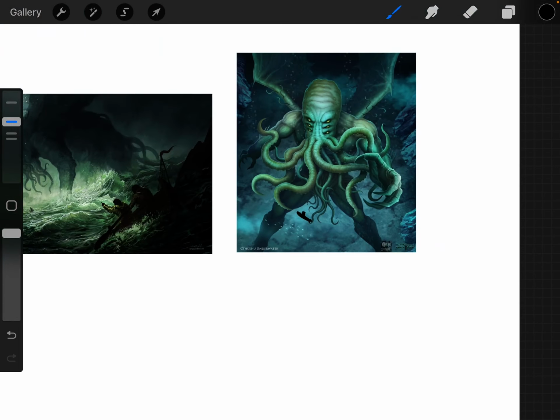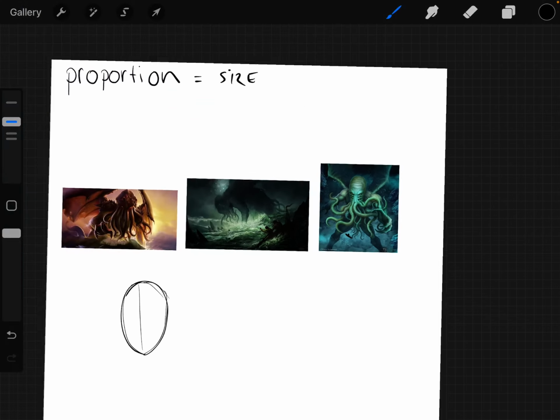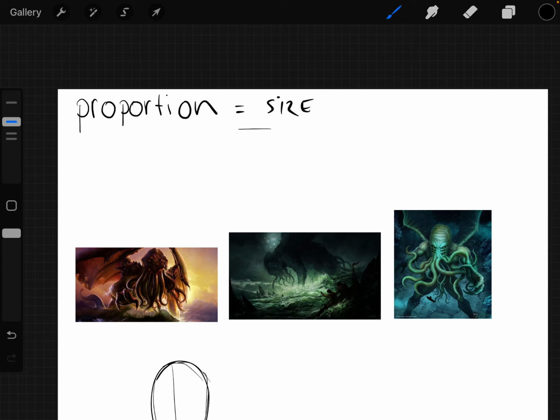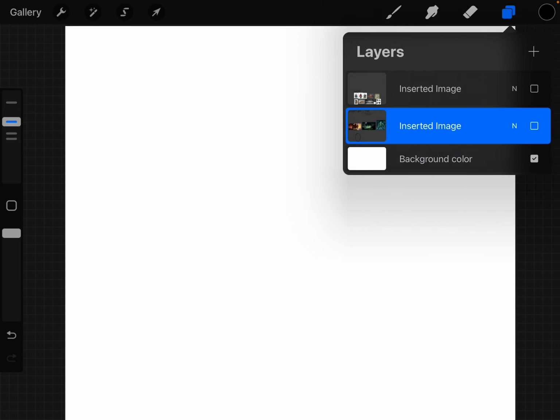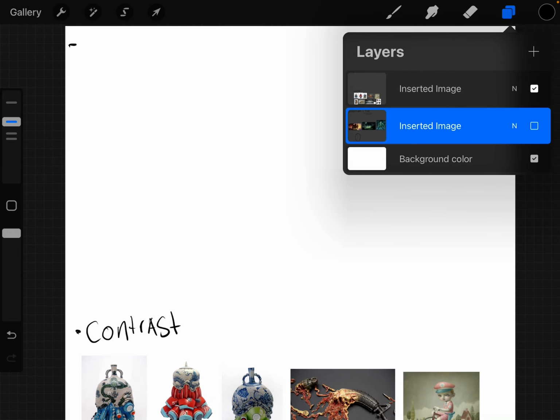Look, if I draw a little submarine, then you can say, yeah, he's really big, right? So proportion is all about size, right? And there are rules to proper proportions. And as soon as you put something out of place, it no longer will look like something that you intended to be, right? So proportion is super important. Proportion is size.